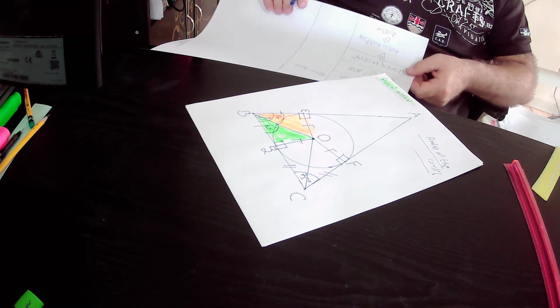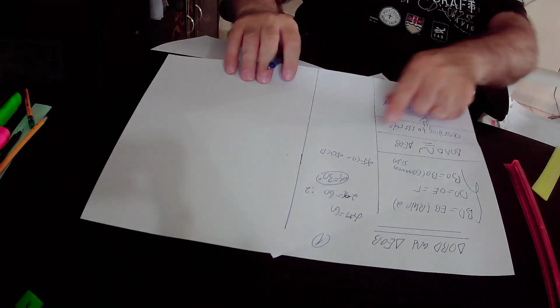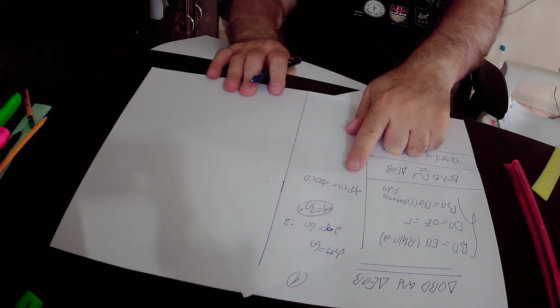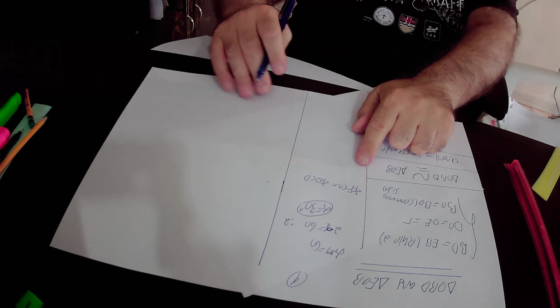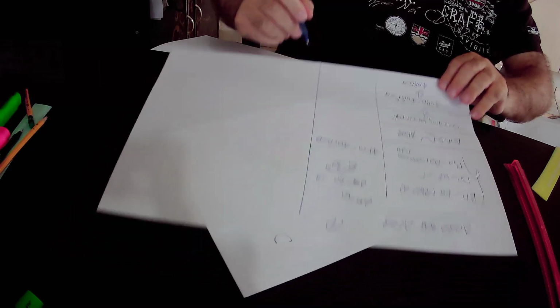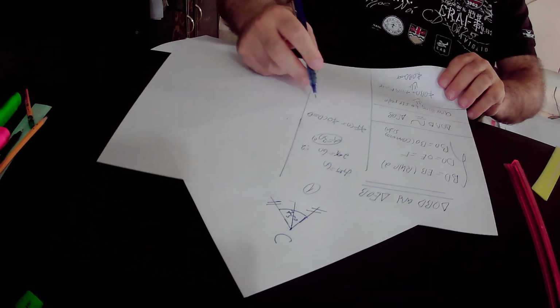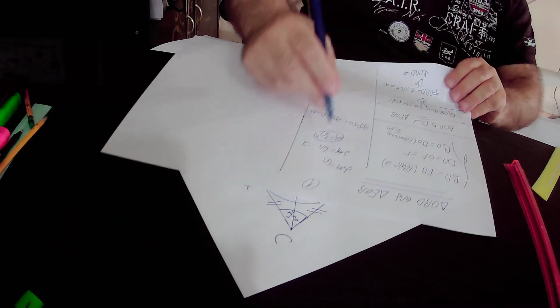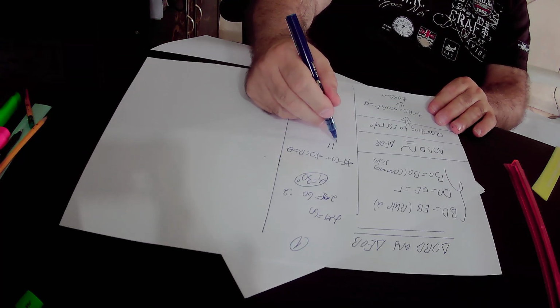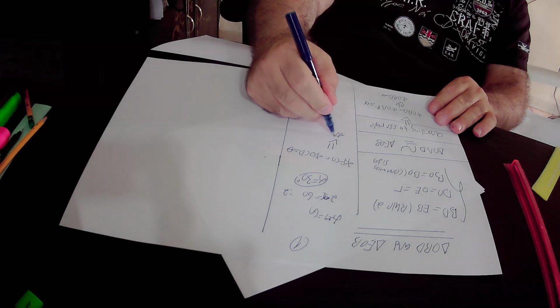Angle FCO equals angle OCD according to the rule that corresponding angles in congruent triangles are equal to each other. And if we define angle OCD as theta, then from this equation we derive that angle FCO is also equal to theta.